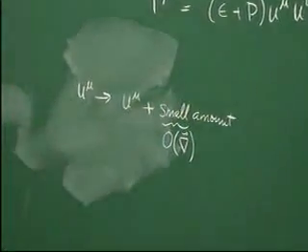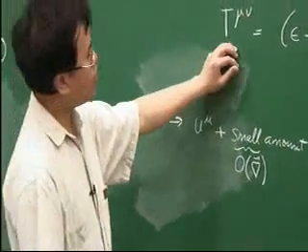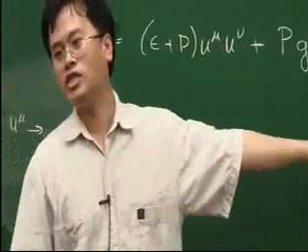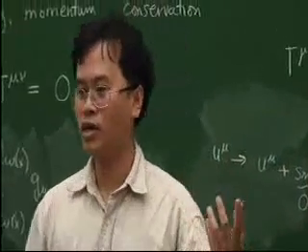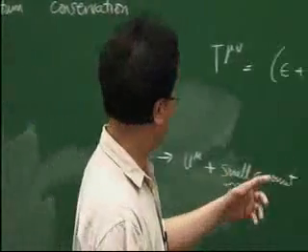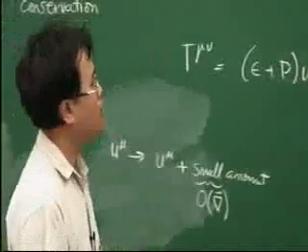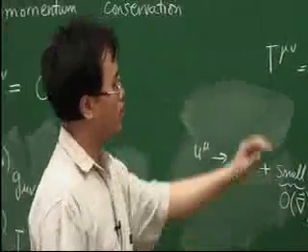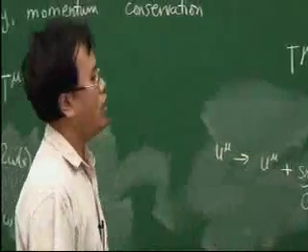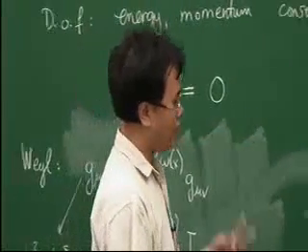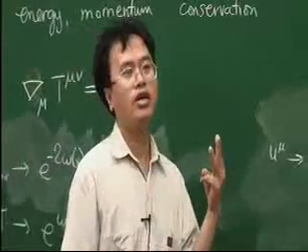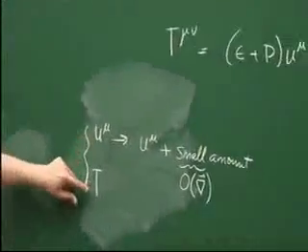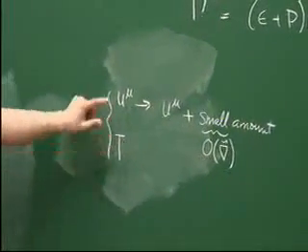And in order to keep T^μν invariant, I have to change this τ^μν, and that induces a change in τ^μν that contains one derivative. So there is a redundancy in this way of writing T^μν. There are 4 redundancies because there are 4 variables that we can shift by a small amount.